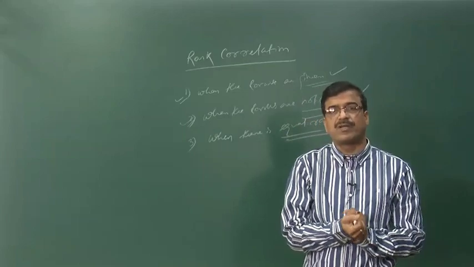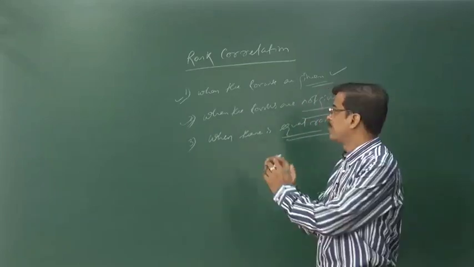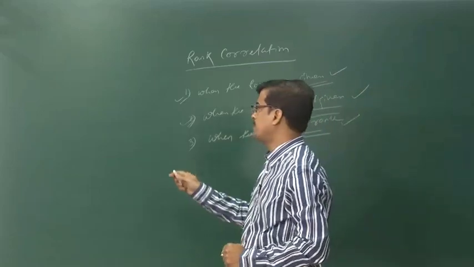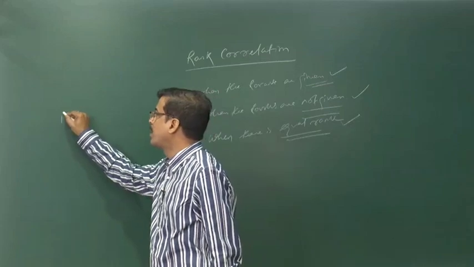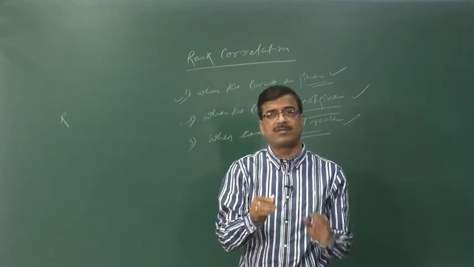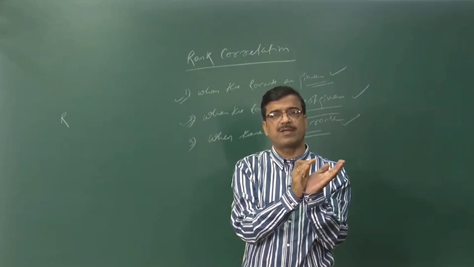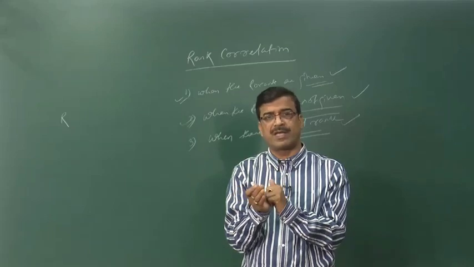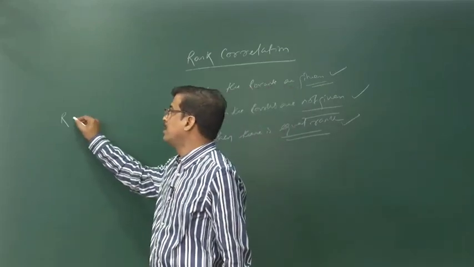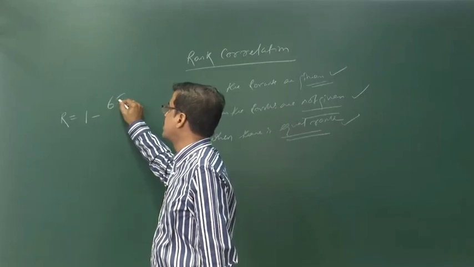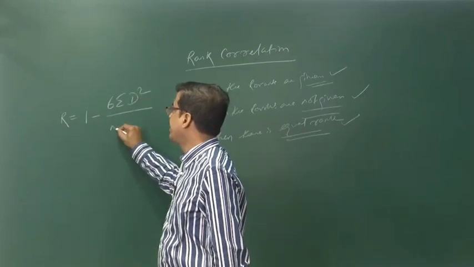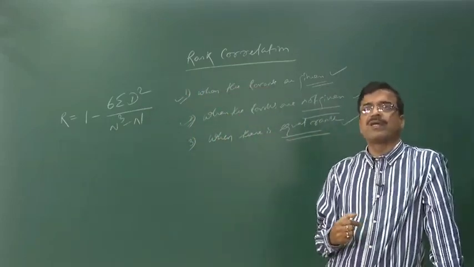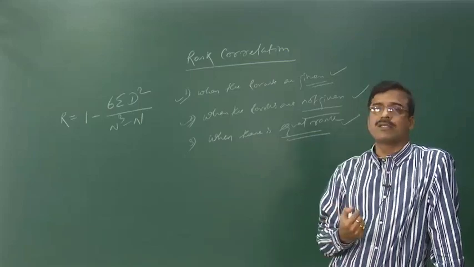Now, we start with the formulas. Which formula do we apply for calculating the rank correlation? Rank correlation is depicted by R. You have to distinguish the Spearman rank correlation, developed by Spearman, taken as capital R, which equals 1 minus 6 sum d square divided by n cube minus n.